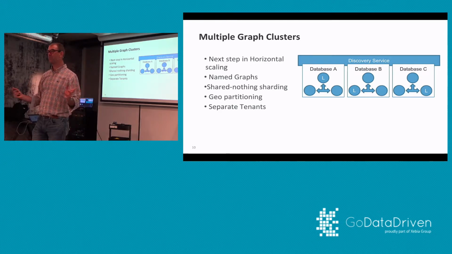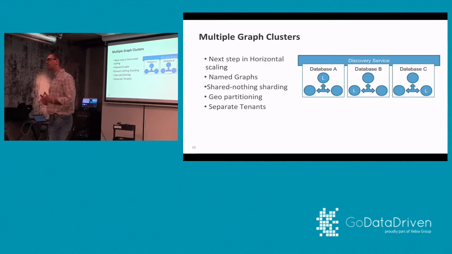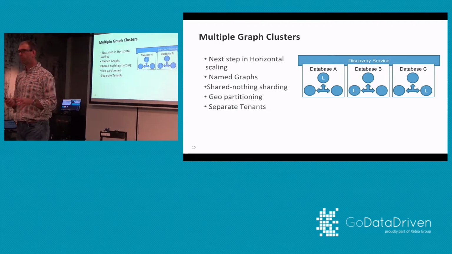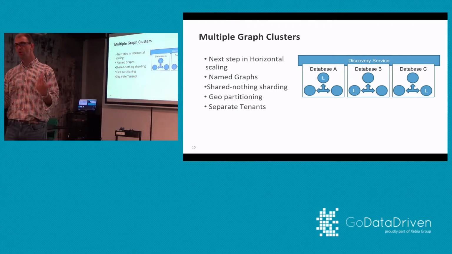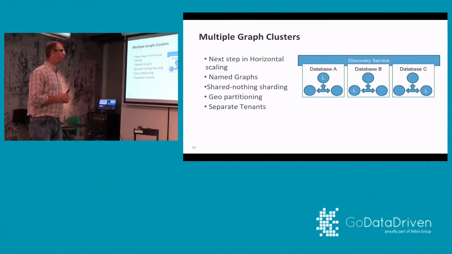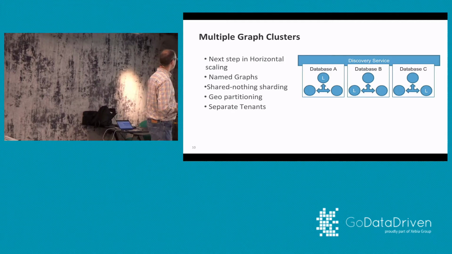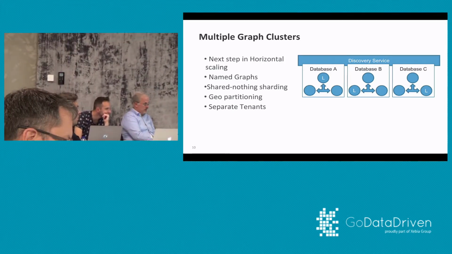And the client drivers would be aware of the topology, right? So you could know where your requests would need to be directed. So it has a discovery service, it has namespaces.